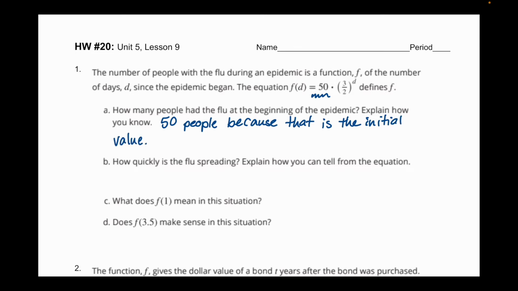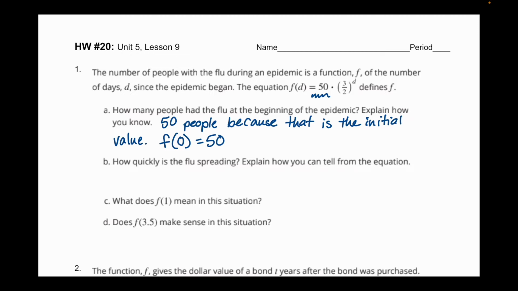We can also say that the function, when you input 0, will give you 50. So both of those are true.